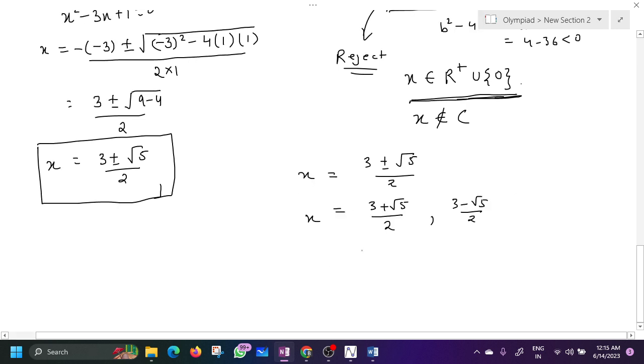Now both the solutions are valid, because both are positive. Because 3 is greater than root 5, so 3 minus root 5 is positive. So you can take this solution as well and this solution as well.